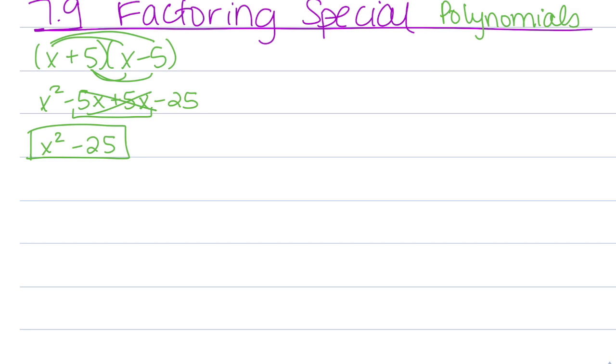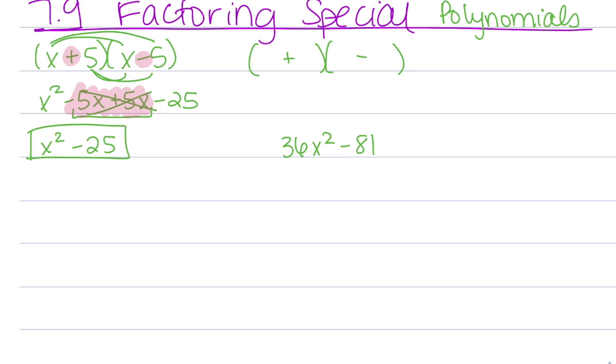So we want to know how to go the other direction. Let's say we had 36x squared minus 81. If we follow the same pattern, we know that these two middle terms are going to cancel because they have opposite signs. And if we look at the format of the two above, we know we're going to end up with parentheses like this, with one positive and one negative.